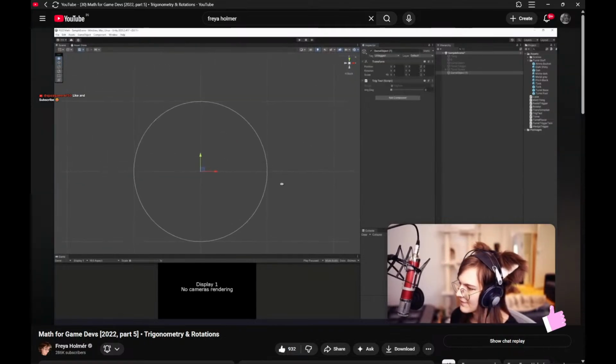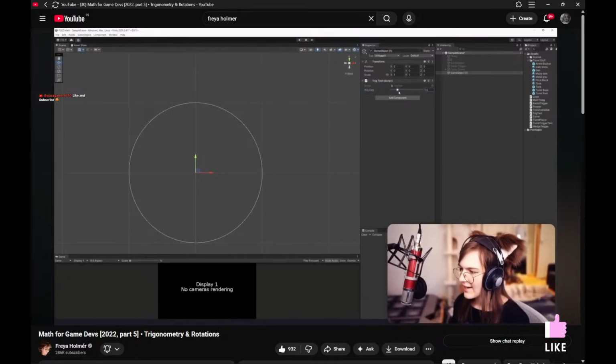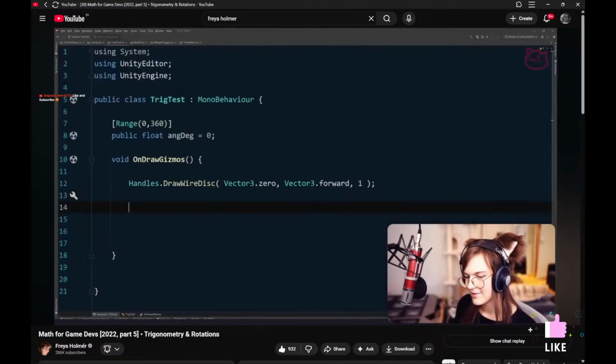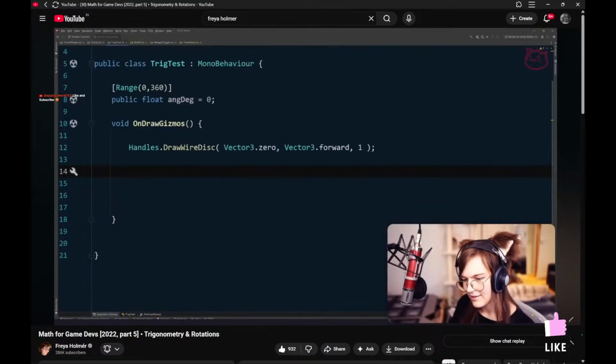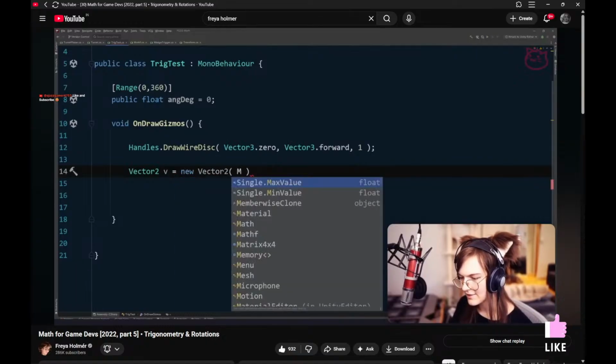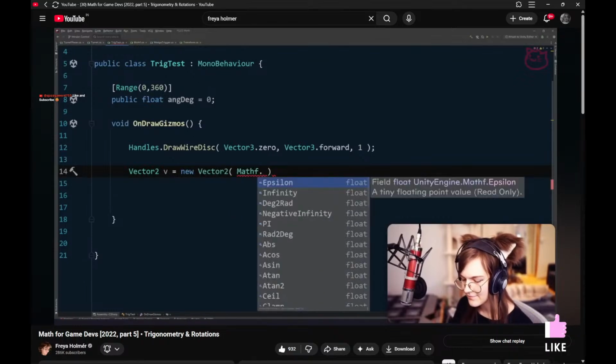Cool. And now we want to do something with this angular value. This one should draw a vector at that angle that we have as an input here. Then we need a vector for that, and we're gonna call this v. Then we do new Vector2, and the cosine and the sine function are in the math library of Unity.